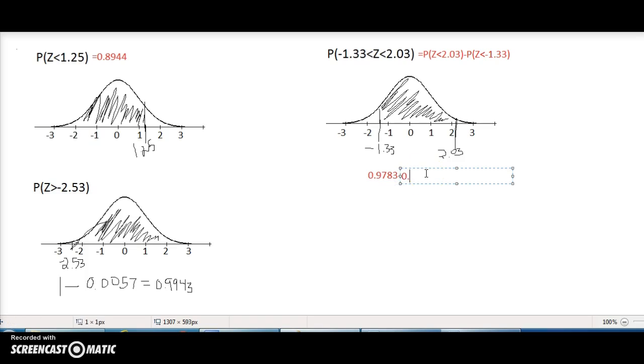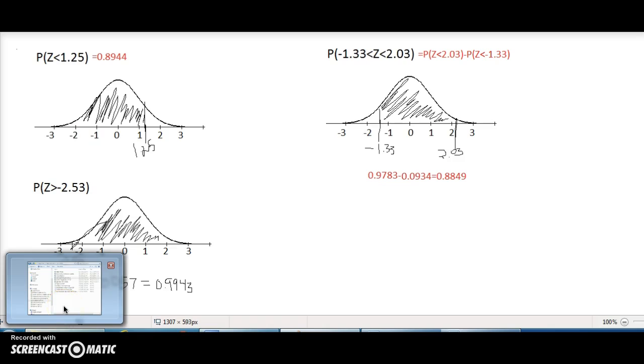So subtracting both of them, we get 0.8849. And that is our answer. So those are three examples of finding standard normal probabilities.